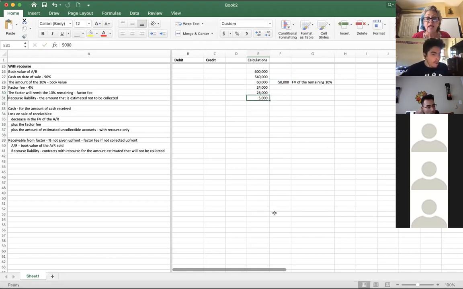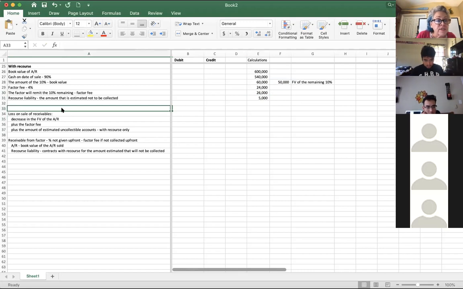So you see still a lot of the same numbers, except because this contract is with recourse, you've got a $5,000 recourse liability. So when we calculate our loss on our sale of receivables, what is the loss on the sale of receivables? Just adding $5,000. Okay, right.